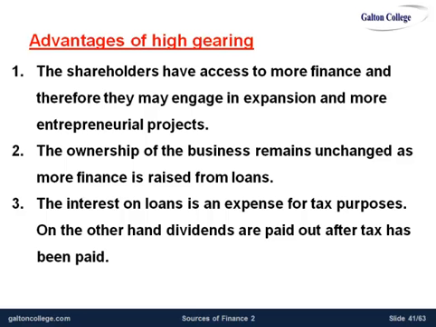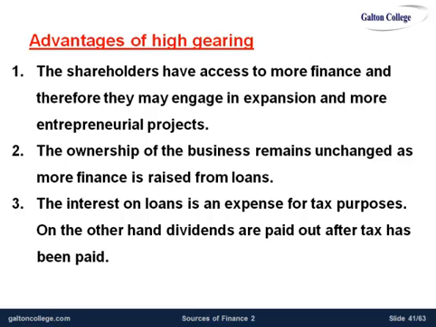There are advantages to high gearing. The stakeholders have access to more finance and therefore may engage in expansion and have more entrepreneurial projects. The ownership of the business remains unchanged as more finance is raised from loans.